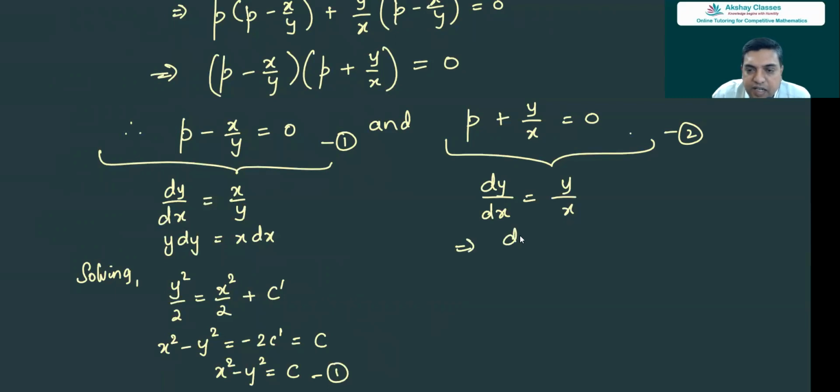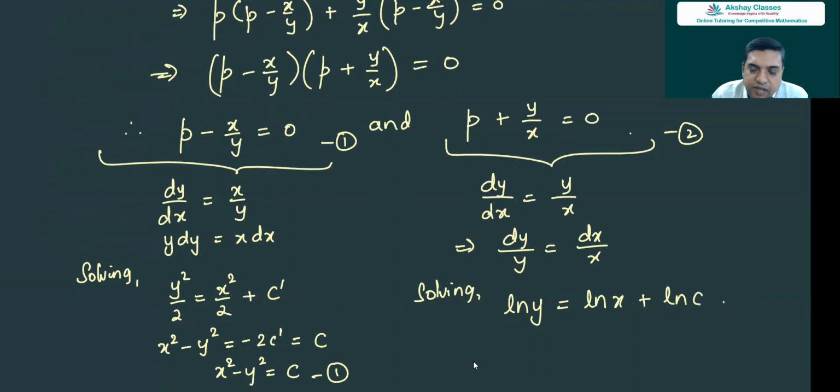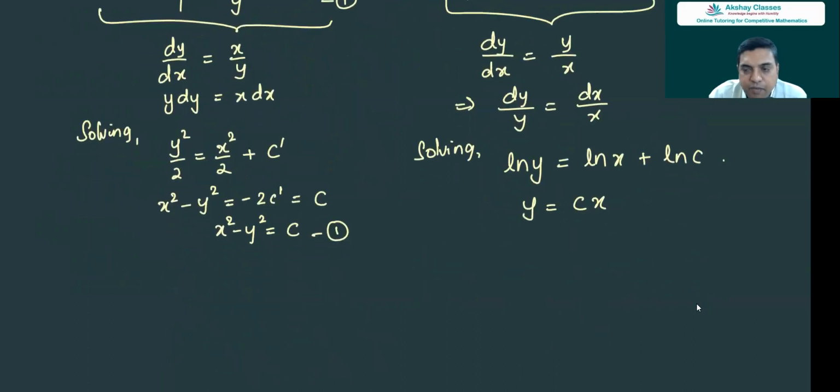So we get dy by y is equal to dx by x by separation of variables. Now integrating, we'll get log y is equal to log x plus log c. So y is equal to c times x. This is what we'll get, removing the log.